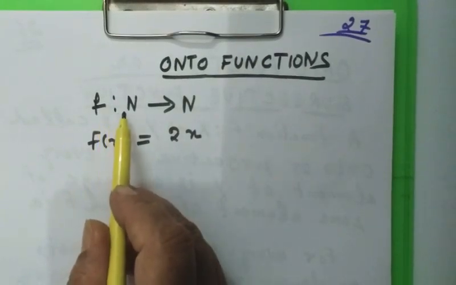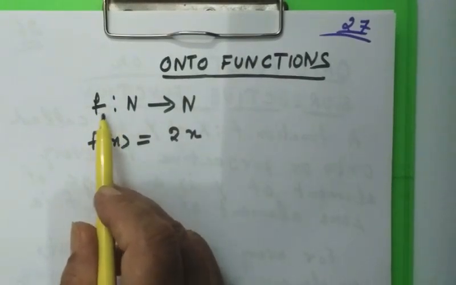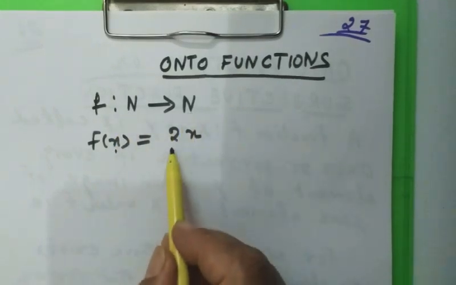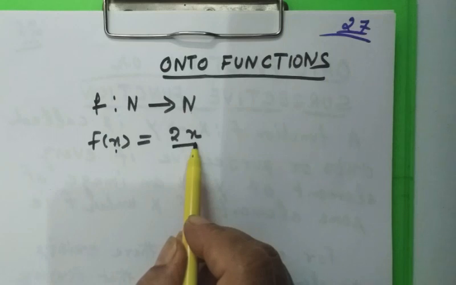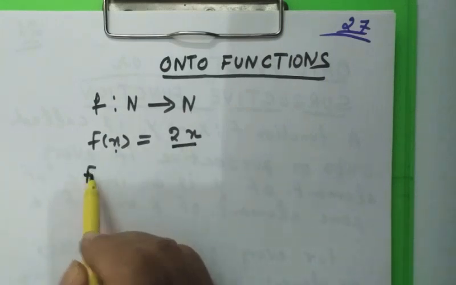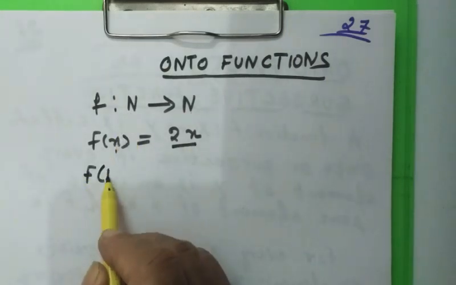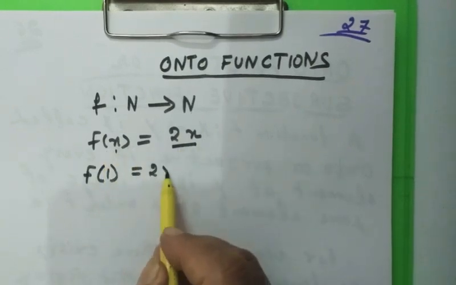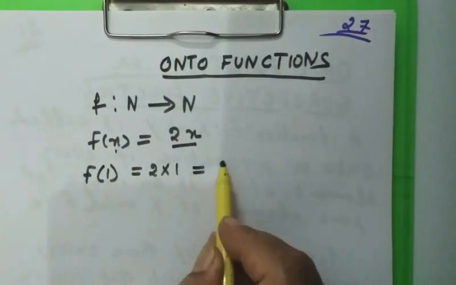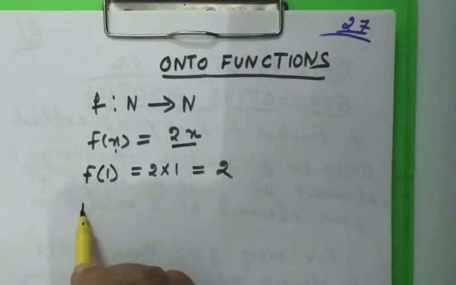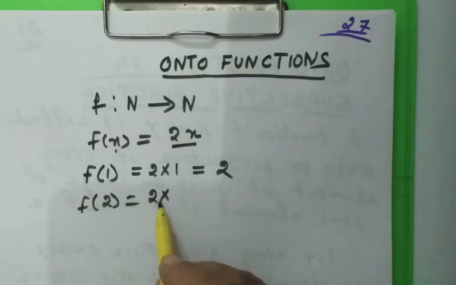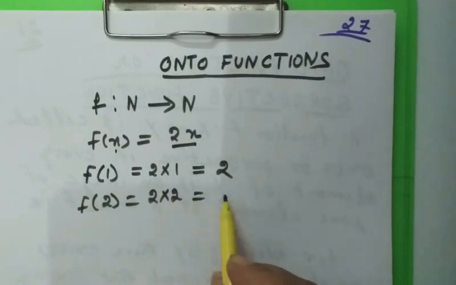So, what we are doing here is that f is being applied on a natural number and it gives you an even natural number. If I take the first natural number, which is 1, this function makes it 2x, that is 2 into 1, that is 2. If I take the second natural number 2, this function makes it 2 into 2.